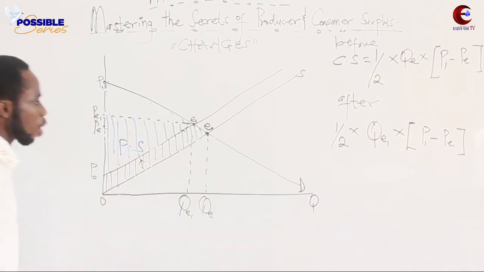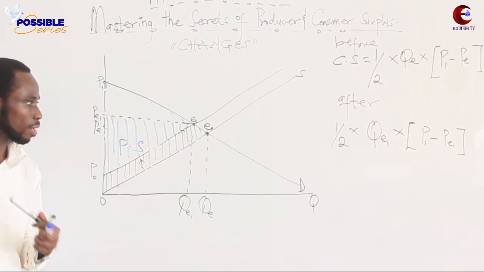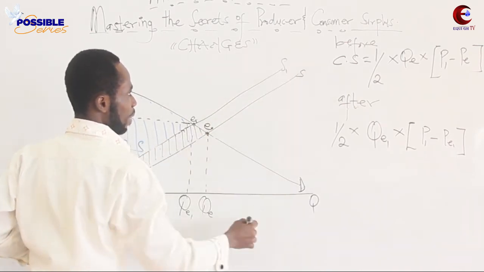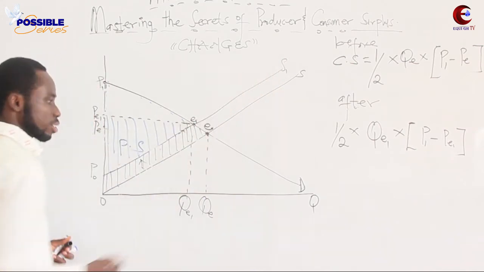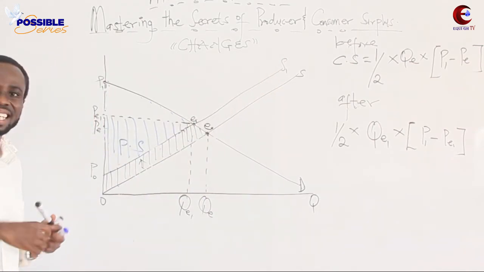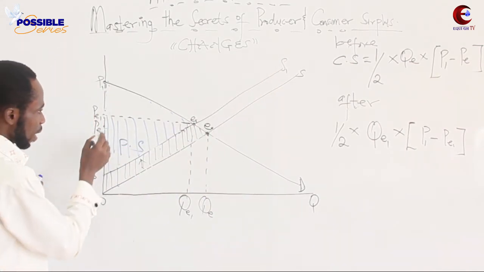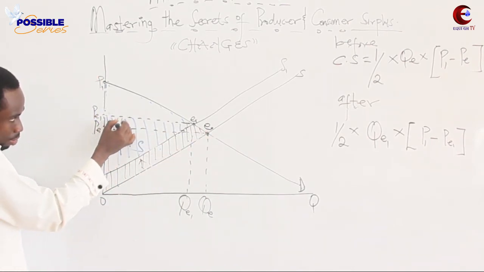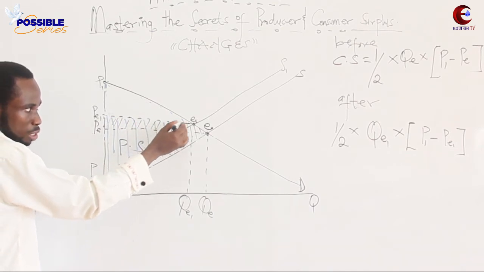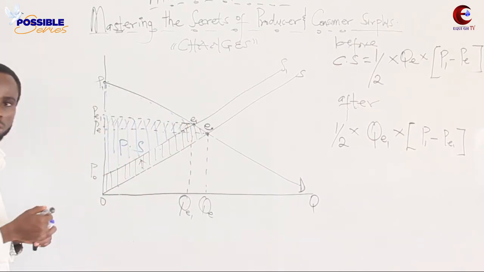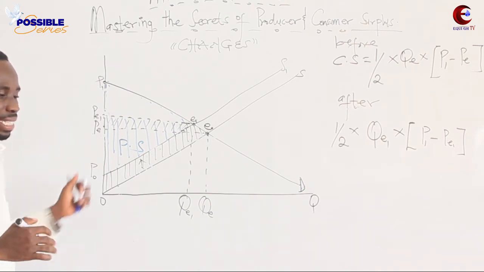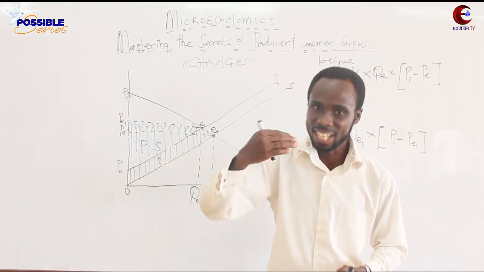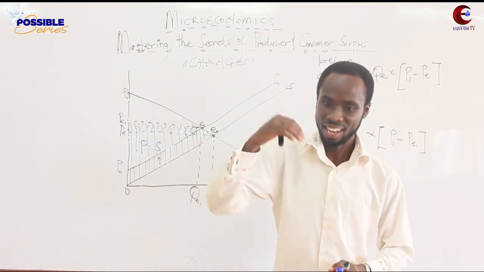Initially, it was part of the producer surplus for the former curve, but when we came to this curve, it is not part. But we have gained it here, the portion of the consumer surplus that has been added to the producer surplus. I hope it makes sense. Look at it carefully. Please watch it over and over.